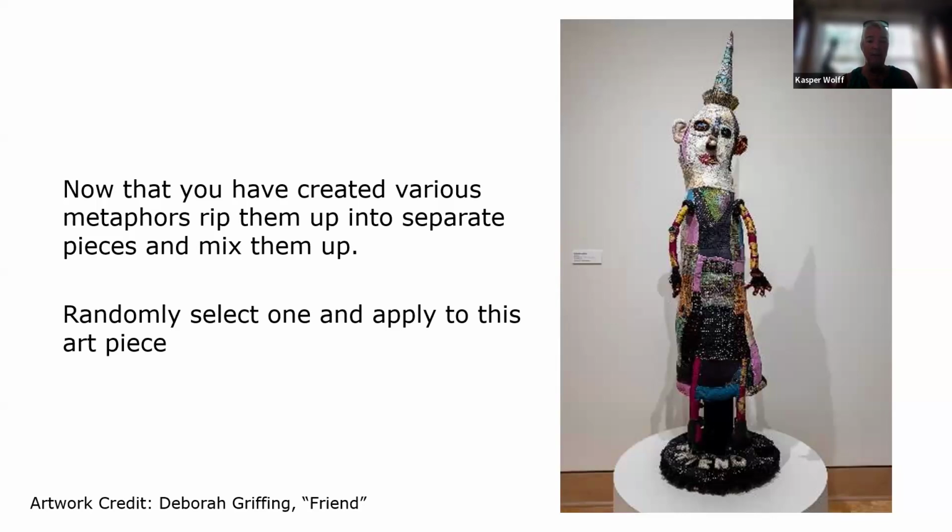You have created various metaphors. And now that you've done that, I want you to rip them up into separate pieces and mix them up. Throw them up or just scatter them on the table and randomly select one and apply it to this piece called Friend.